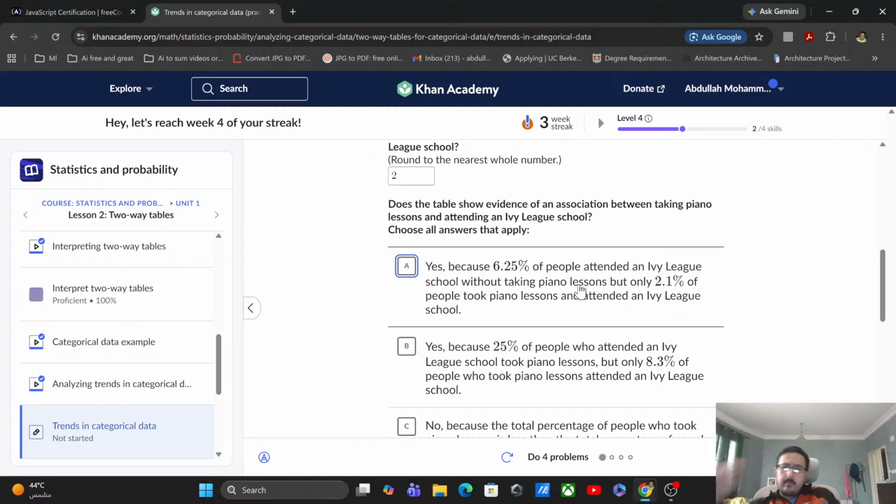Is he talking about the people in general, or the people who attended an Ivy League school without taking piano? But only 2.1% of people took piano lessons.